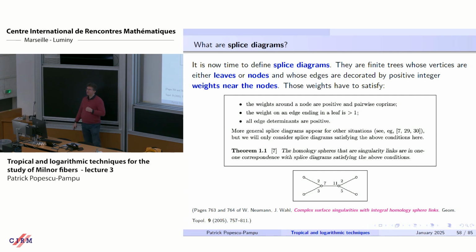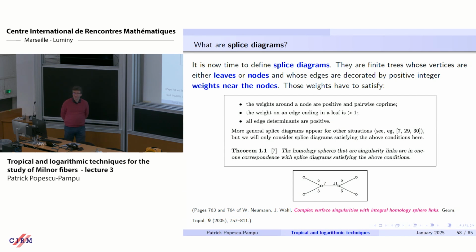So finally, I will explain you exactly how splice-type singularities are defined. I give here an extract of the foundational paper of Neumann and Wahl, complex surface singularities with integral homology sphere links. So, splice-type singularities are defined starting from a splice diagram.